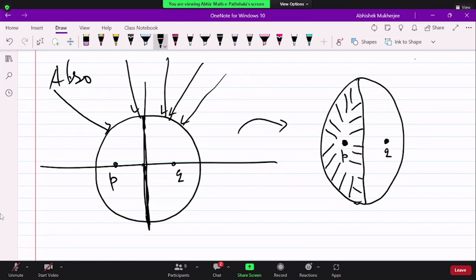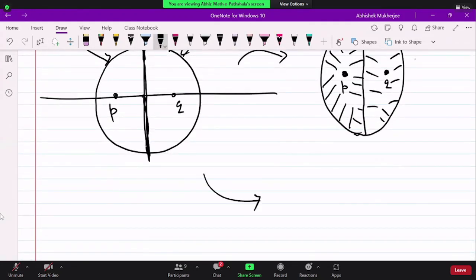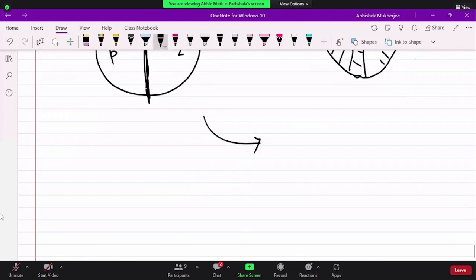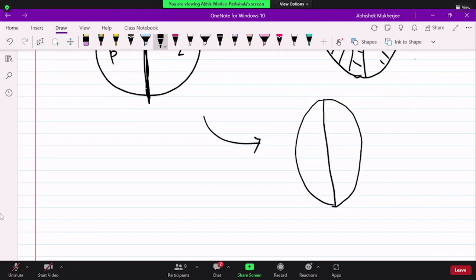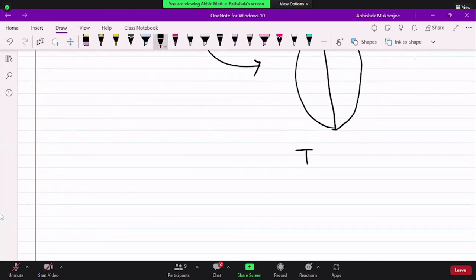That means that can be taken up as here. So this gives you the resulting space, which looks like this. Okay. So this is called the theta space.